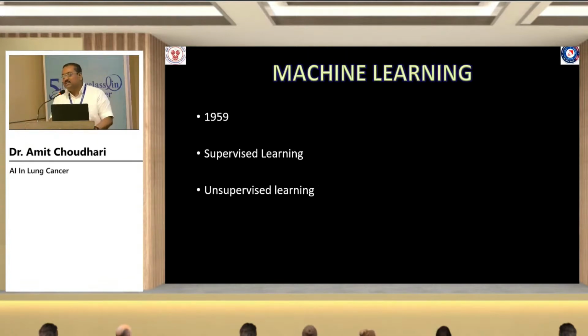Next was machine learning, which was coined in 1959, which is another subset of artificial intelligence. Machine learning incorporates two types of learning, that is supervised and unsupervised.